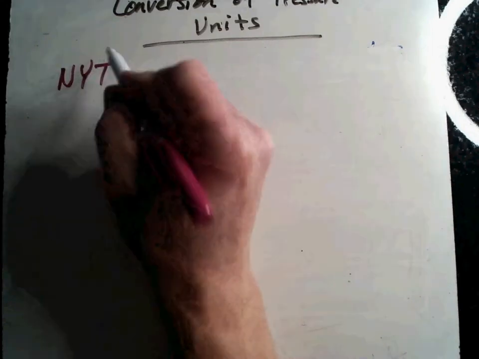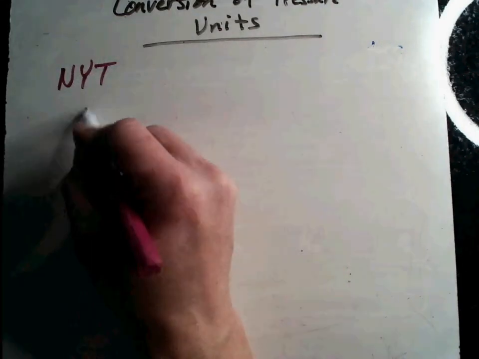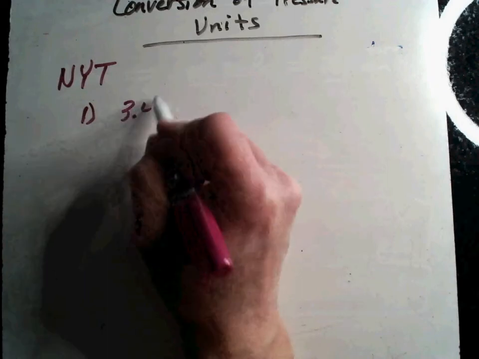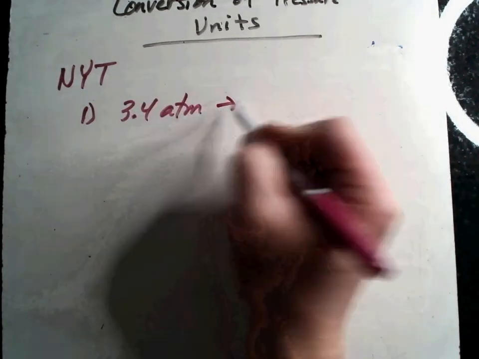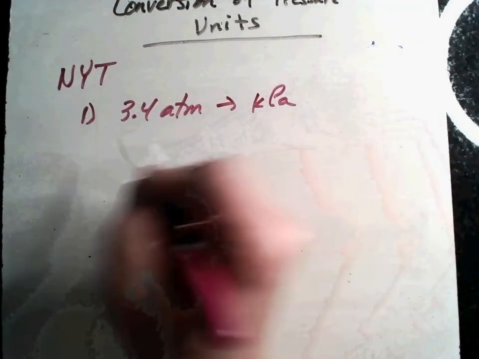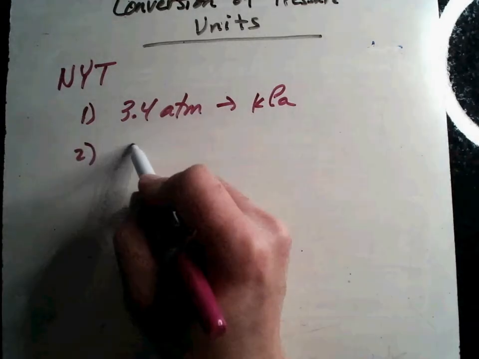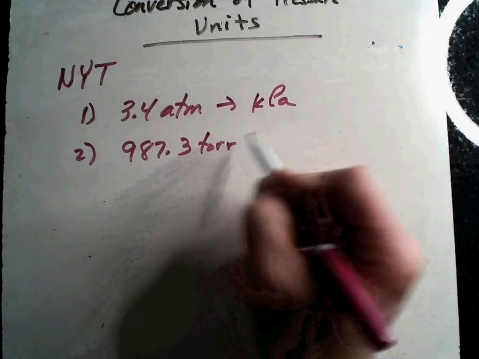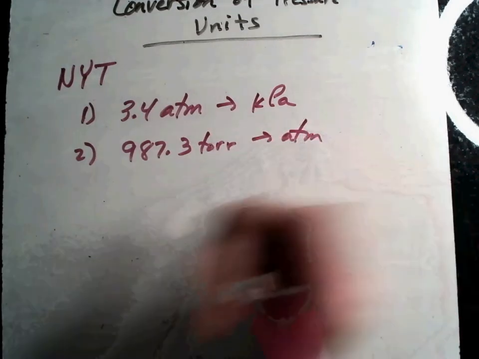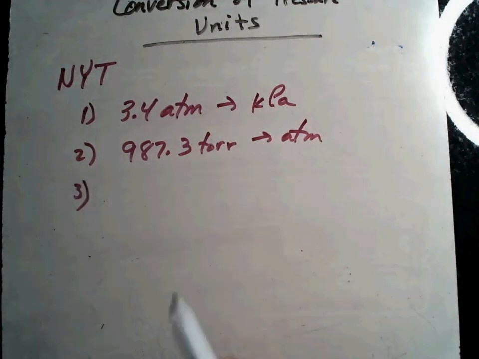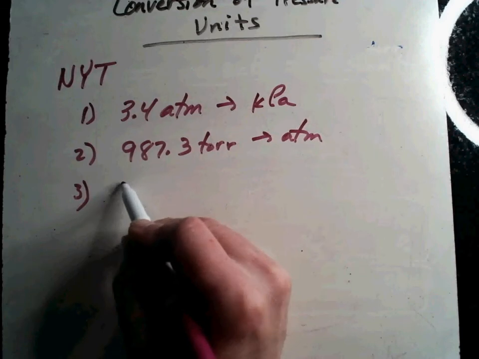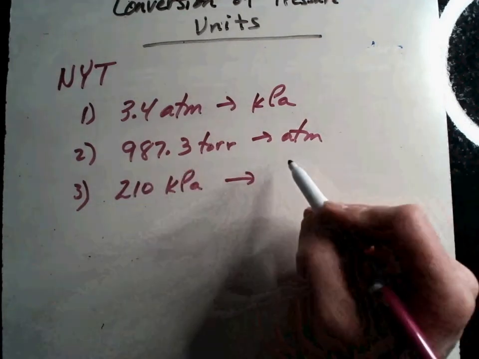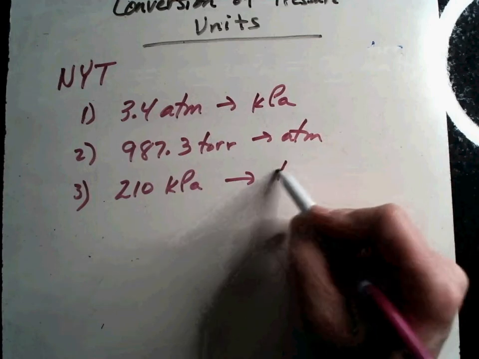Now it's time for you to try. You're going to do a couple of examples here. Number 1, you have 3.4 atmospheres, and I want to know what that is in kPa. Number 2, I have 987.3 torr, and I want to know that in atmospheres. Number 3, I have 210 kPa, and I want to know that in torr.